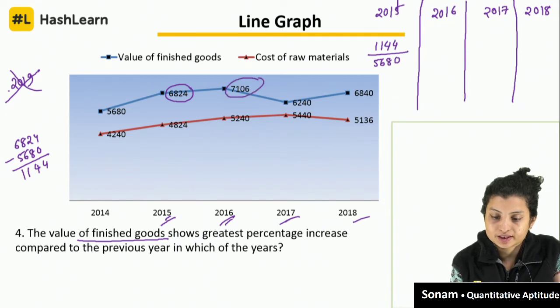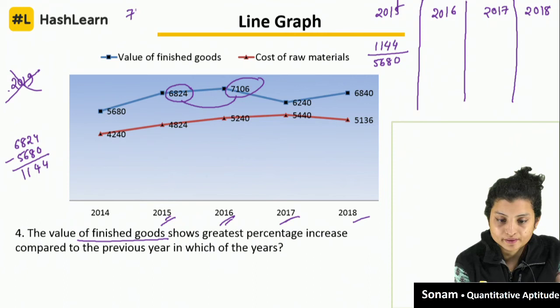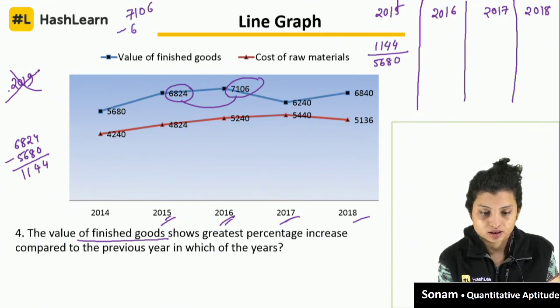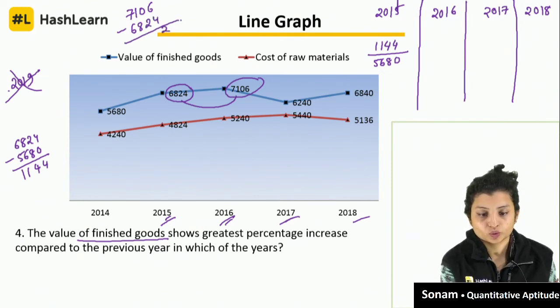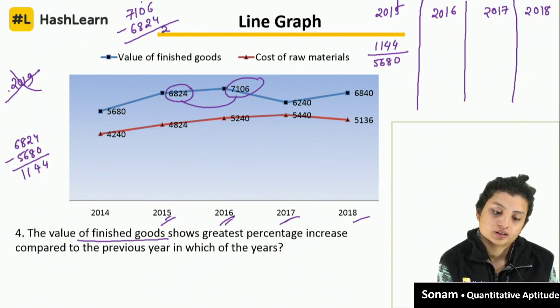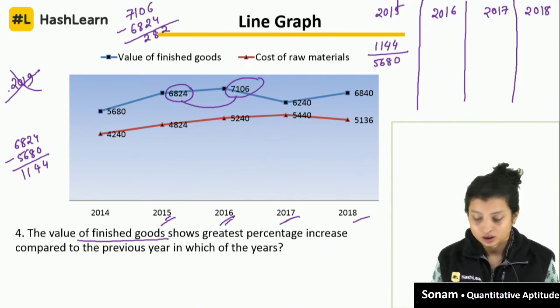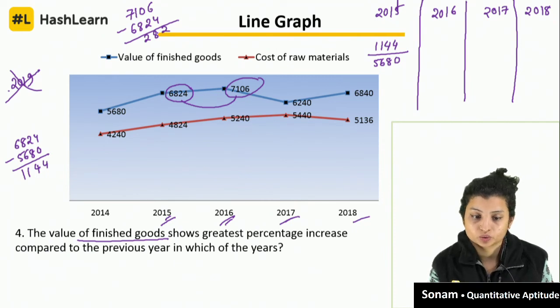Okay, similarly let's take the difference from here to here. So the difference will be 7106 minus 6824. Okay, take the difference, that will be 2, and then this will be 10 minus 2, 8, then this will be 10 minus 8, 2, and this will be 282, correct? 282 over what?